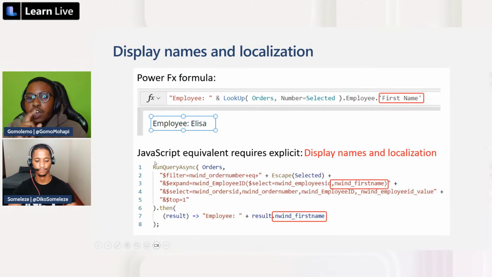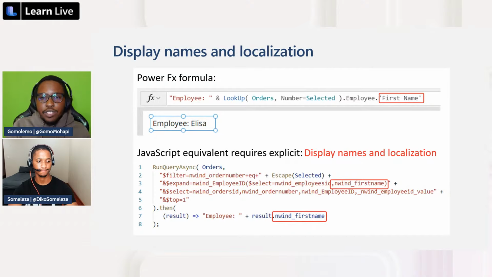And the last one, which I would like to speak about, and one that I find really cool, is the way that Power FX handles display names and localization. First name, as we see here, is used in the Power FX formula, like how nwind underscore first name is used in the JavaScript formula.